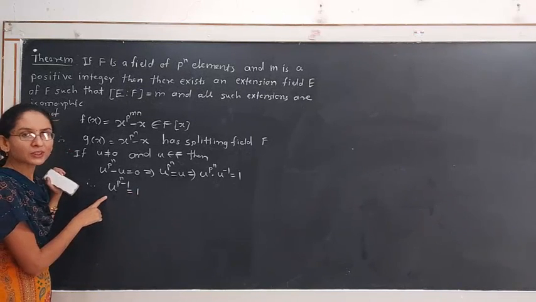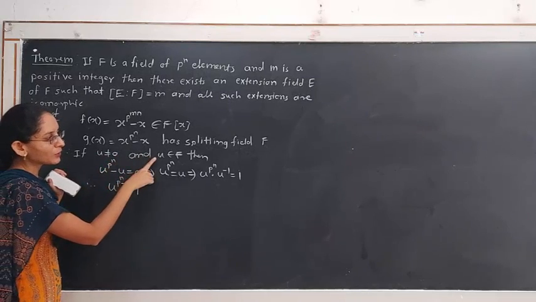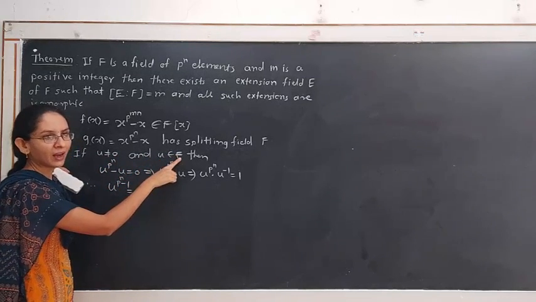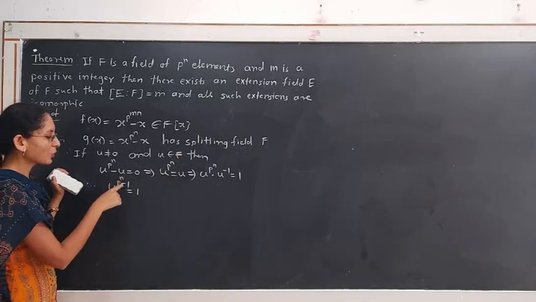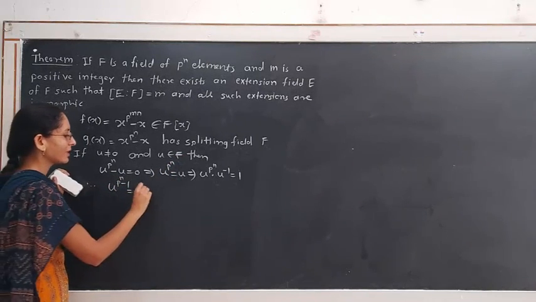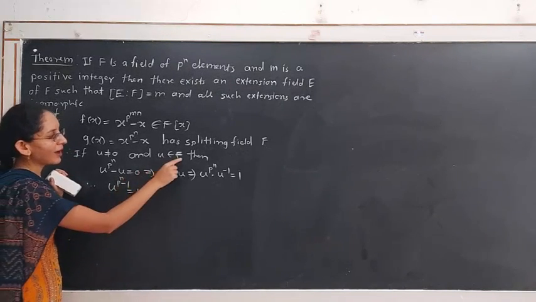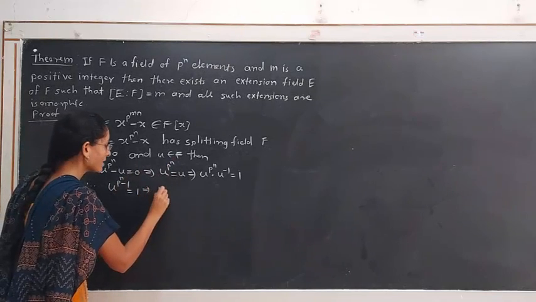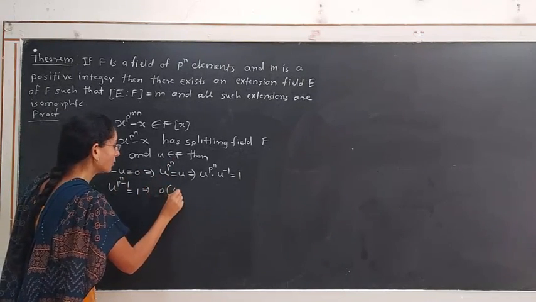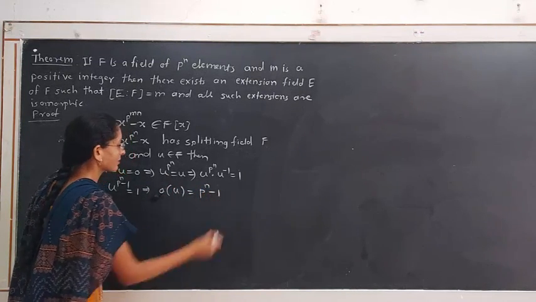This equation gives the order of element u, where u is not equal to 0 and u is an element of the finite field F that contains p raised to n elements, where u raised to p raised to n minus 1 equals 1. This implies the order of the element u belonging to the finite field F is p raised to n minus 1.